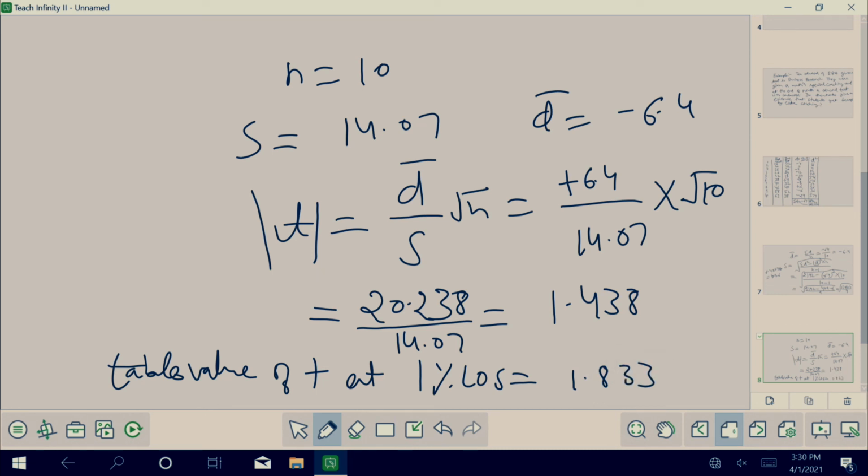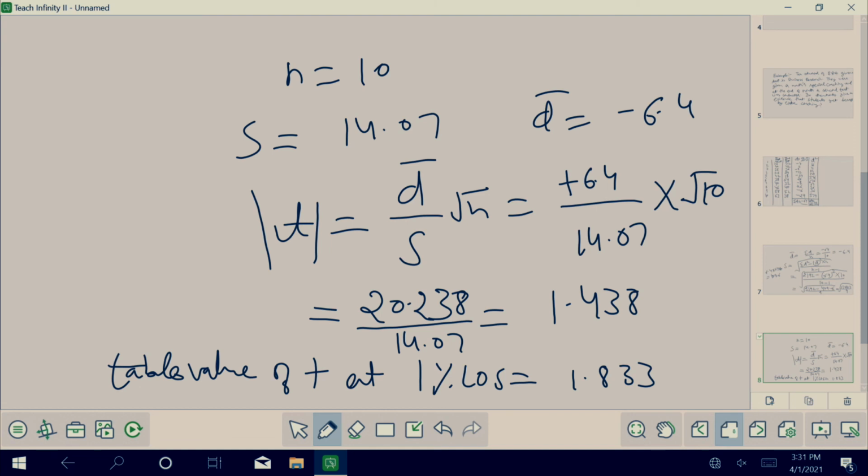So what will be the decision? Should we accept the null hypothesis or reject? What is the null hypothesis? You can say there is no difference, the students do not get benefited, right.